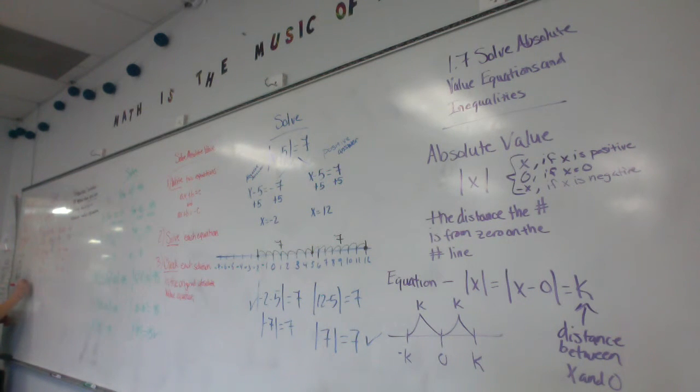Now we come to step 3, which is check, and this is why it's important to check. 2 times 3 plus 12, is it the same as 4 times 3? 2 times 3 is 6 plus 12 is 18. Is the absolute value of 18 equal to 12? No. That solution is called an extraneous solution.